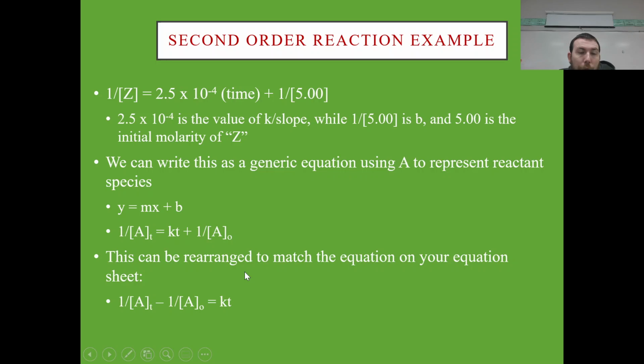And then if you look at your reference sheet, the only thing that they've done is they've subtracted over the 1 over A naught term. So if you wanted to get it back to that slope-intercept form, simply add the 1 over A naught to both sides. And again, this expression that I'm kind of circling around right here is provided to you on the AP reference sheet.